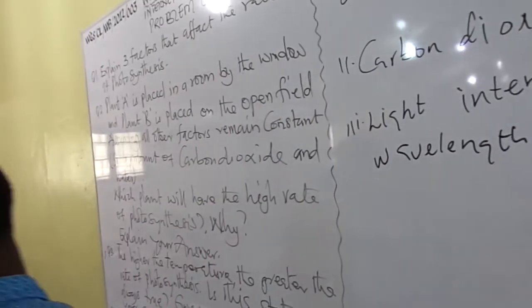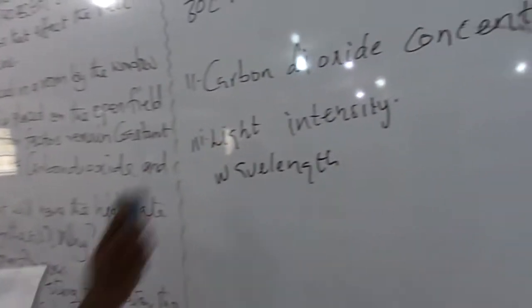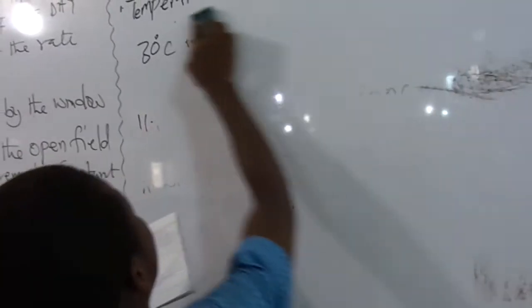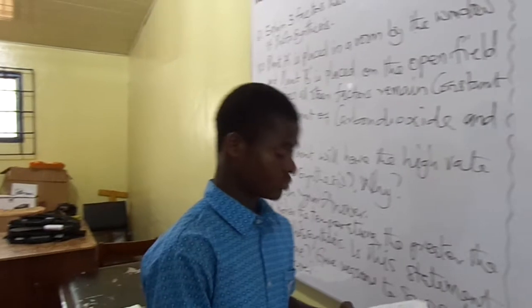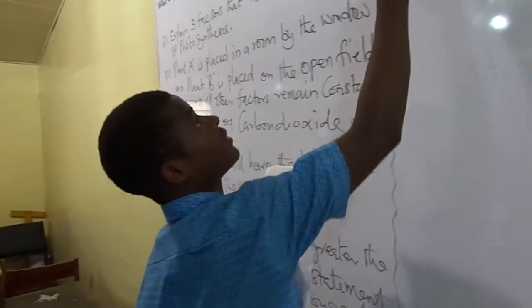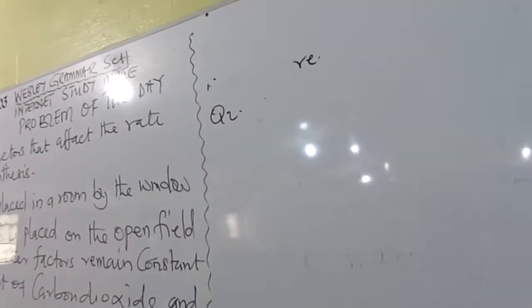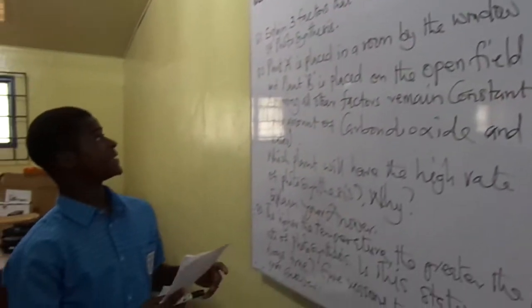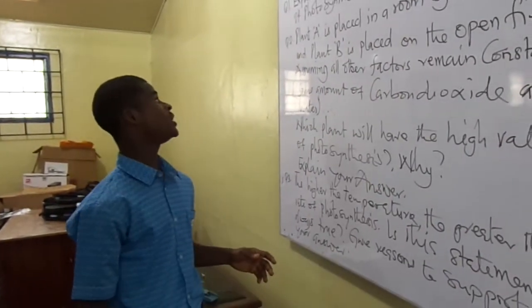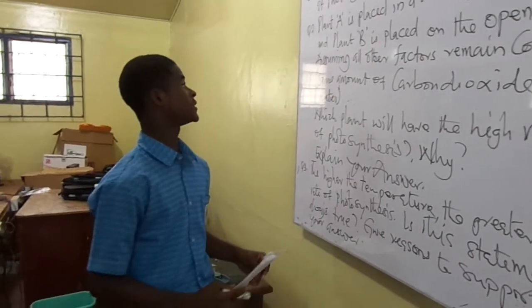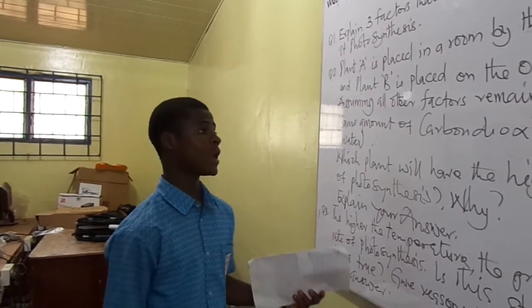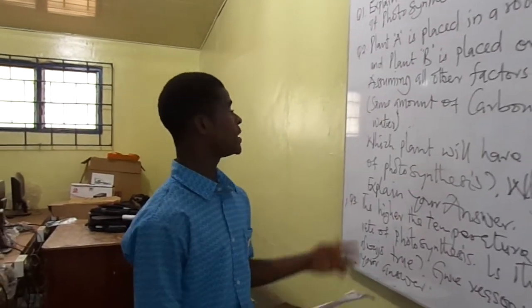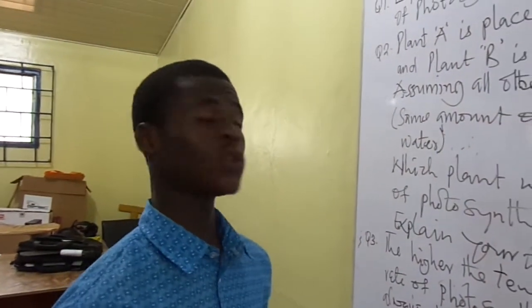We move to the solution for the second question. Question 2 states that A is placed in a room by the window and B is placed on the open field. Assuming all other factors remain constant, in brackets the same amount of carbon dioxide and water, which plant will have the higher rate of photosynthesis?